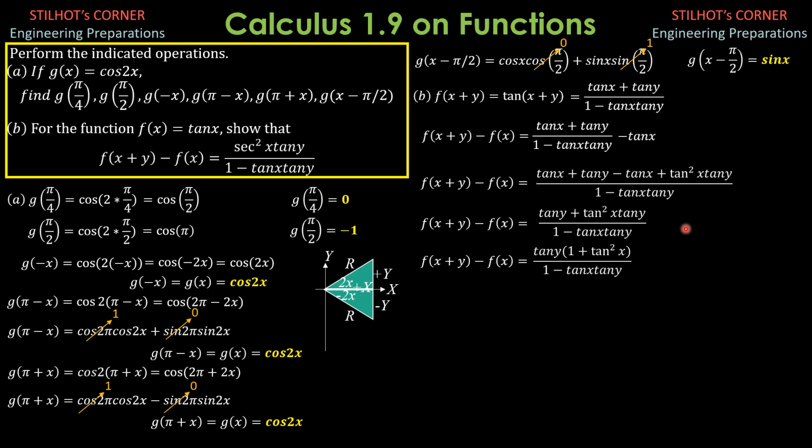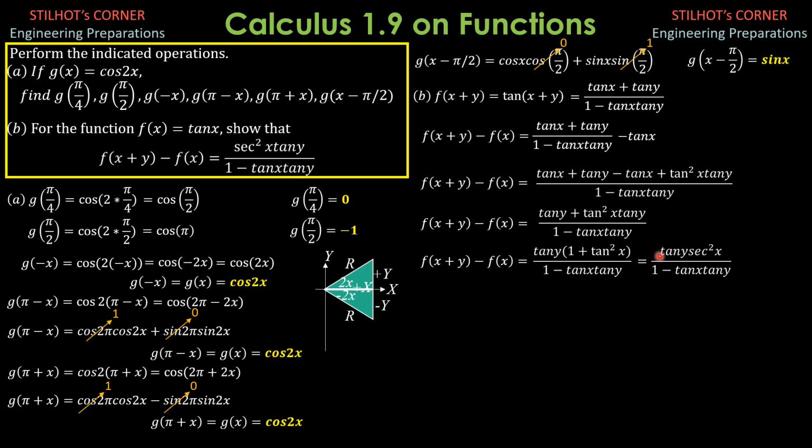So remember, sine square x plus cosine square x equals 1. Then tangent square x plus 1 equals secant square x. And the other identity is 1 plus cotangent square x is equal to cosecant square x. So remember those identities. So this is secant square x, 1 plus tangent square x. And finally, it is indeed equal to this.